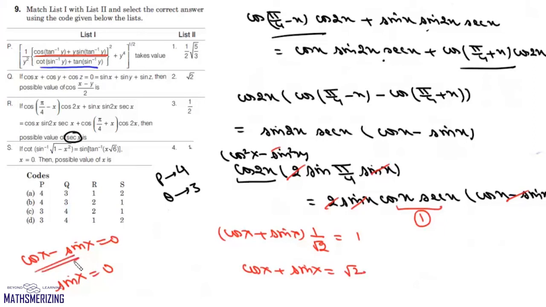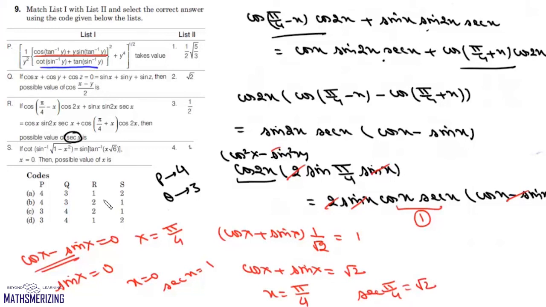Now from this first condition we'll get x as π/4. From the second condition we'll get x as 0, and from this third condition we'll get x as π/4. So here the value of secant x will be secant 0, which is 1, or secant π/4, which is root 2.